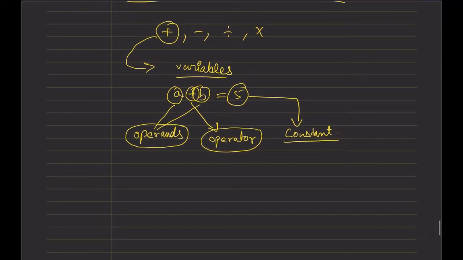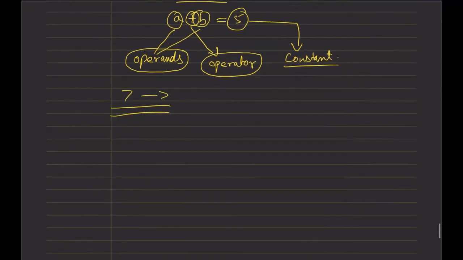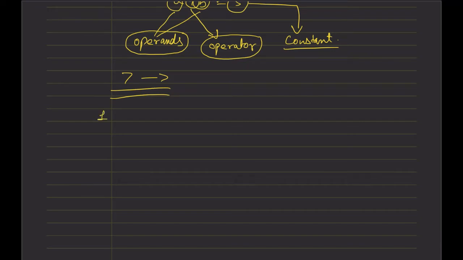There are 7 basic operators in Python. Let's see all of them one by one. The first operator is known as the addition operator, seen with a plus symbol. It is used to add 2 or more numbers.